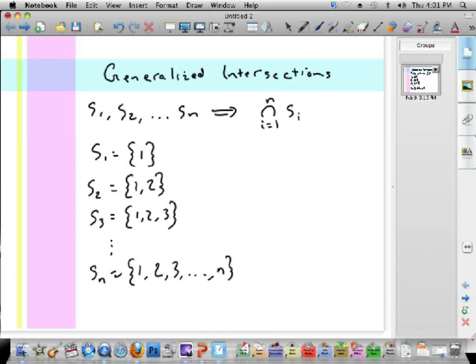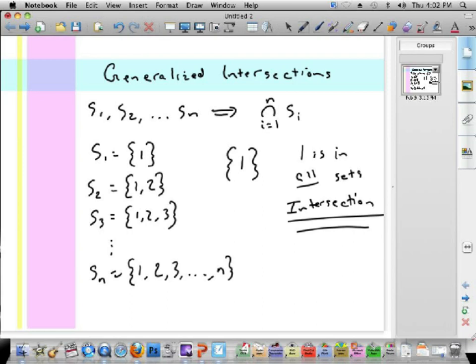The generalized intersection of this is therefore just 1, because 1 is in all of the sets, and therefore it is the intersection of all of them.